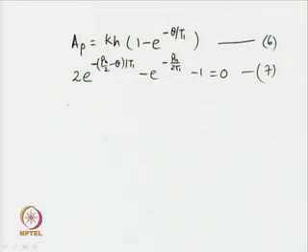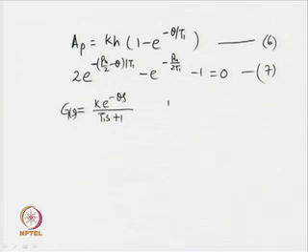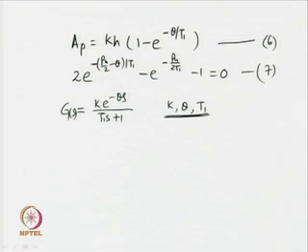Now, let us go back to the transfer function model, which parameters are to be estimated. So, G(s) is equal to K e to the power minus theta s upon (T1 s plus 1). We have got 3 unknowns associated with this first order plus dead time model. Those unknowns are K, theta and T1. So, once you have got information about K, theta and T1, that means you have been able to identify the dynamics of the system accurately. Now, how to estimate K, theta and T1?